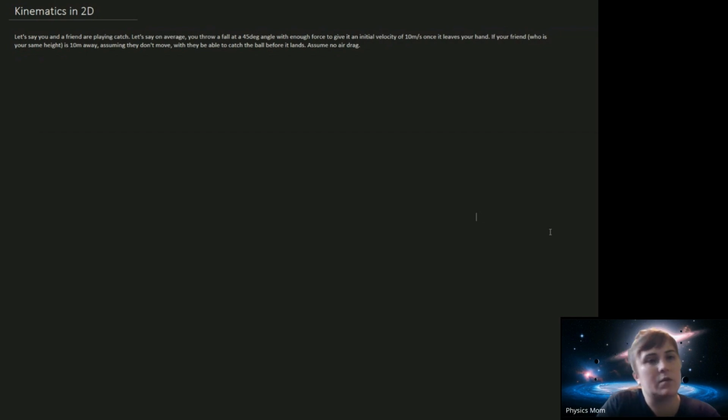The F in FIDESA, so that's our first letter, stands for find. And that would be exactly what I'm looking for. So in this case, I'm going to either be looking for a comparison of times or a comparison of distances. And I think I'm going to use a comparison of distance with the 10 meters away in comparison to whatever distance I come up with when I plug in my equations.